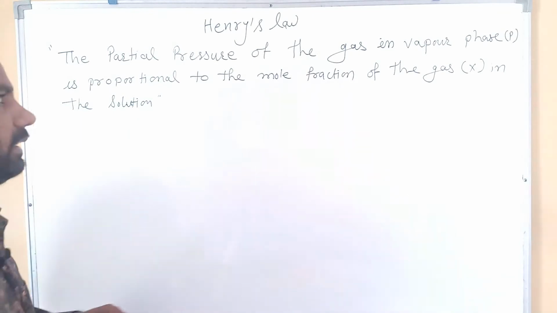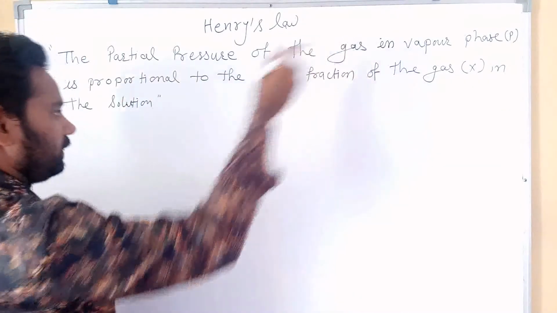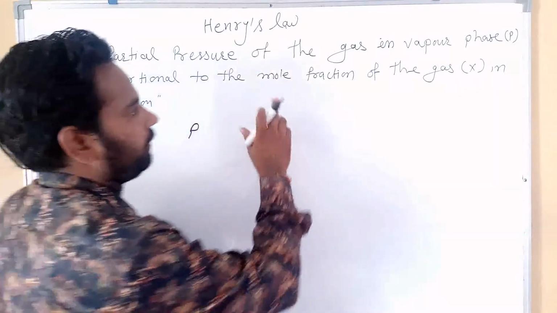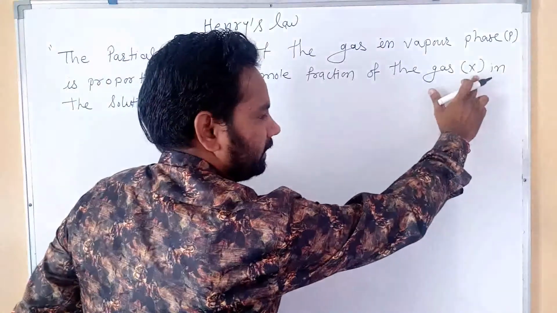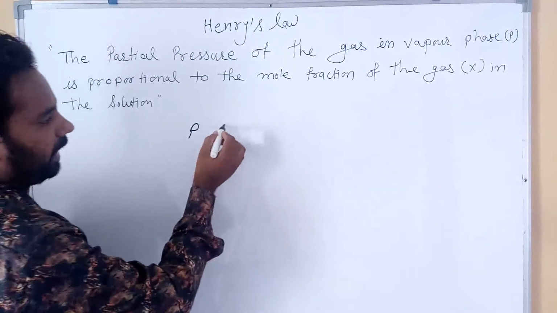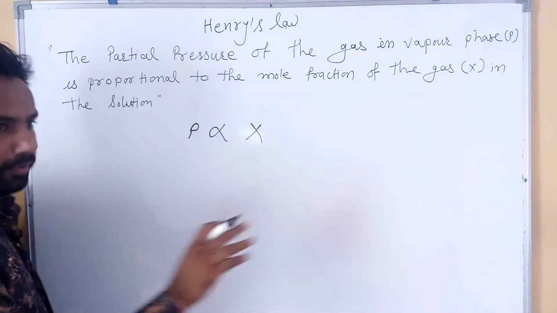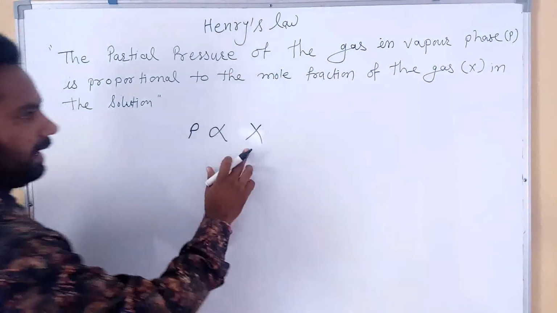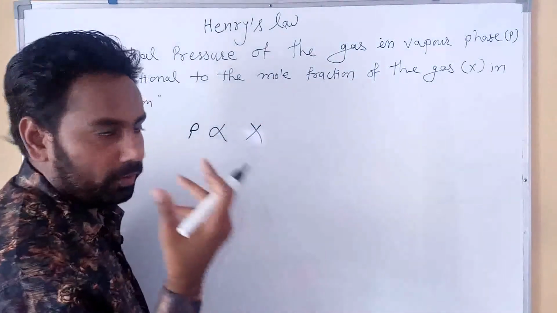If we consider our vapor pressure is P and mole fraction of the gas is X, the next step is P is directly proportional to X, where P is the partial vapor pressure and X is the mole fraction of gas.